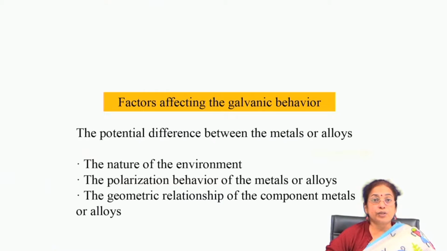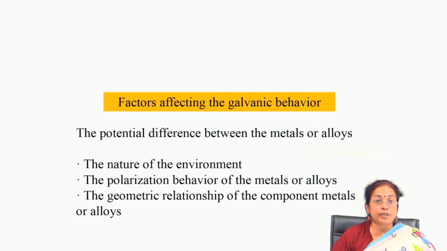Now, the factors which influence the galvanic behavior are ample. For example, the potential difference between metals and alloys, that is, how they are placed in the galvanic series. The second important part is the kind of environment the component is exposed to, because depending on the environment, the chemical reactivity of different metals changes.